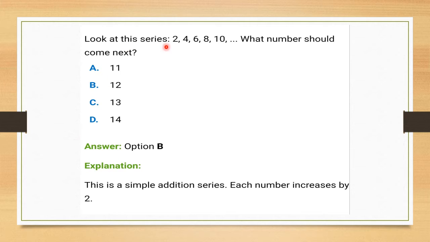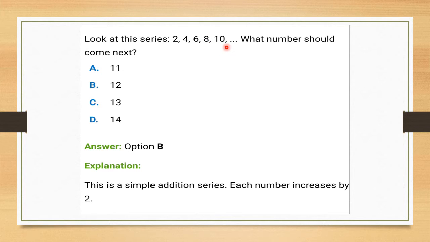Look at the series 2, 4, 6, 8, 10. In this question, we can easily see that the series is on the increasing side. It means the series is in ascending order. So, the second step is to check the difference between the alternative numbers.